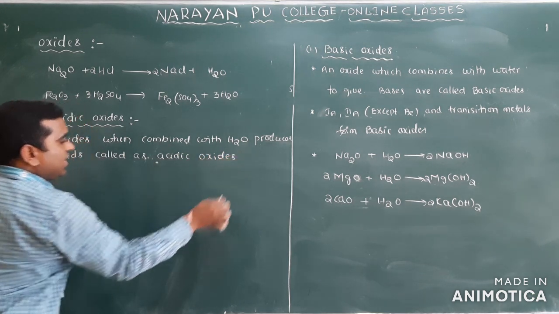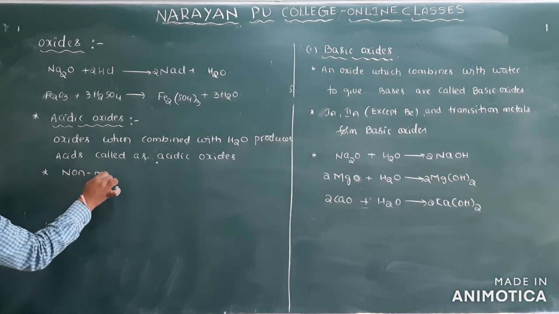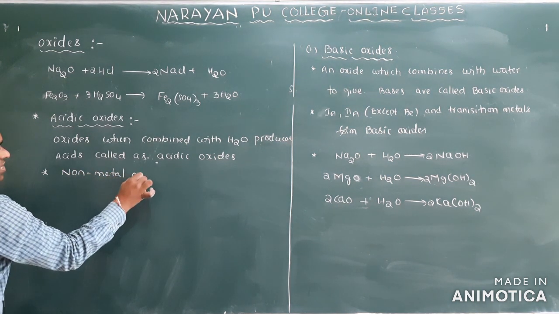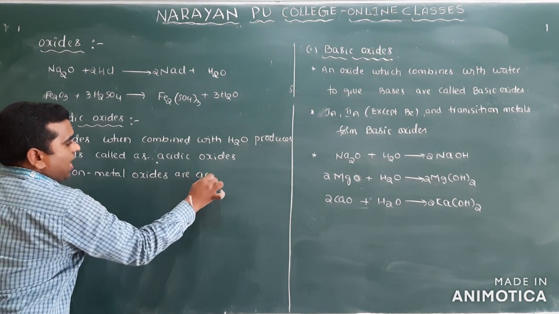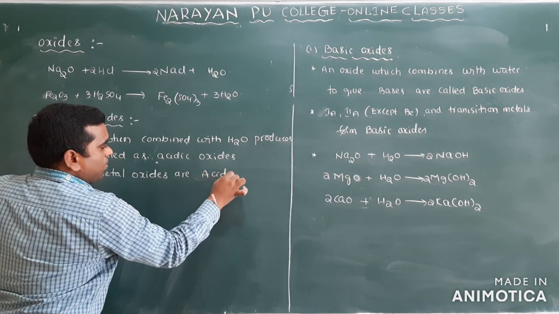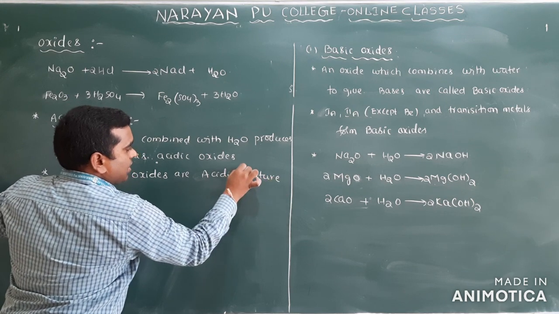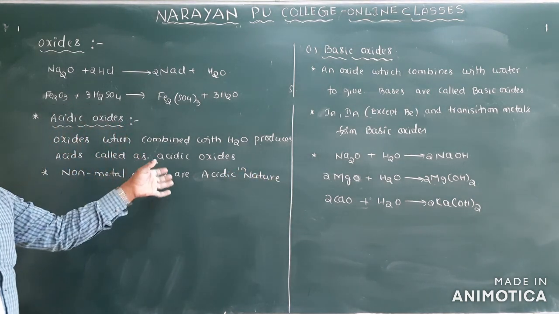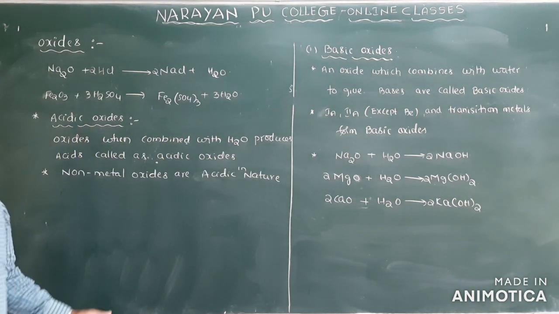Clear? So mainly non-metal oxides are acidic in nature. Clear? So non-metal oxides are acidic and metal oxides are basic in nature.